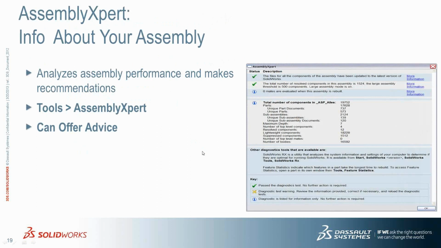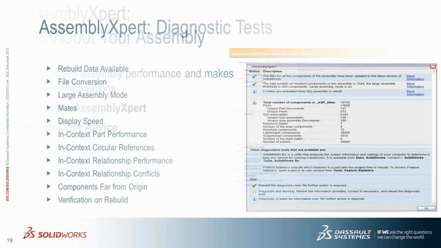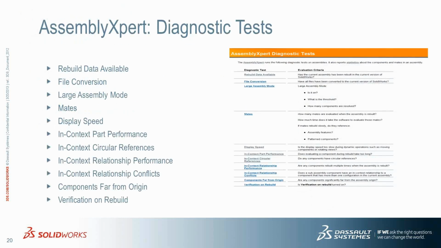A tool called the Assembly Expert. This is where I go to get a good look at what I might be able to do to help my performance of an assembly. It's found under Tools, Assembly Expert. This tool can actually give you advice about your assembly. It also does diagnostic tests.